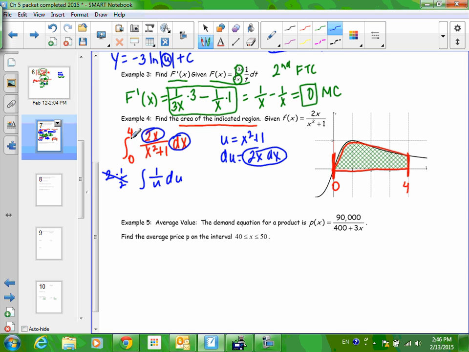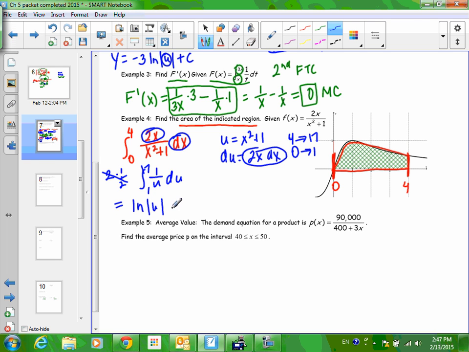Okay, so this upper limit right here, this 4, what does that turn into? 17, right? Because 4 is an x, and x squared plus 1 equal the new u, which is 17. What does the 0 turn into? 1. Now, some of you are thinking, I didn't do that. All right? It's okay. I'm going to explain something here in a minute.